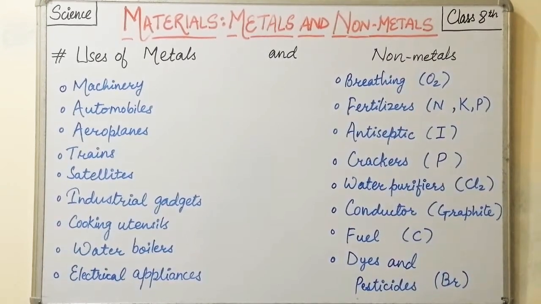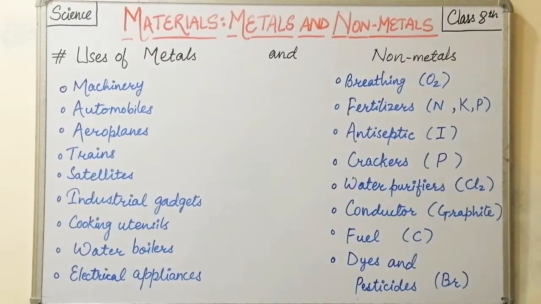Now the non-metals are also used in various places. The very first thing where the non-metals are used is in the reaction of breathing, where we breathe in or inhale a non-metal, that is oxygen.